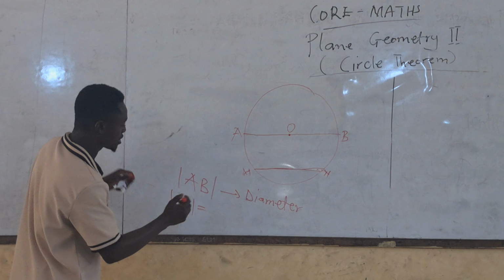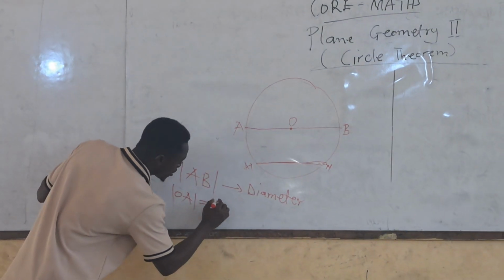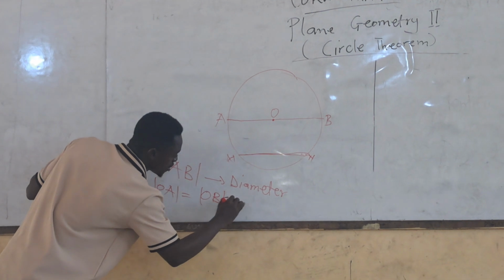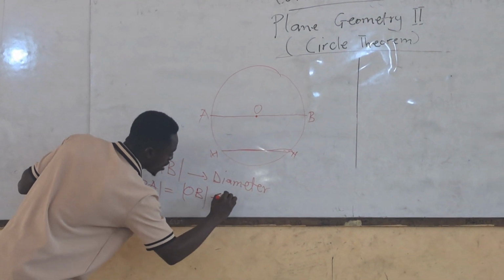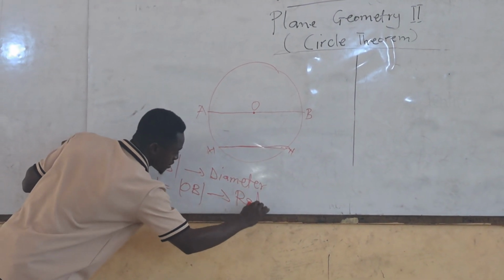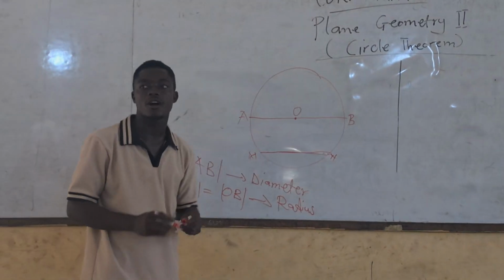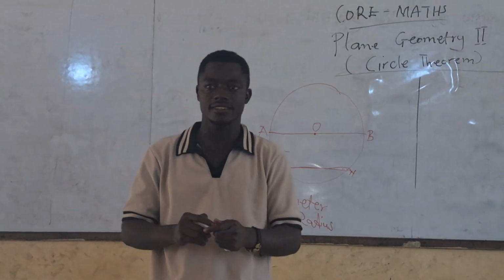So you can see that OA is also equal to OB. This is also called a radius, or in plural form, radii.